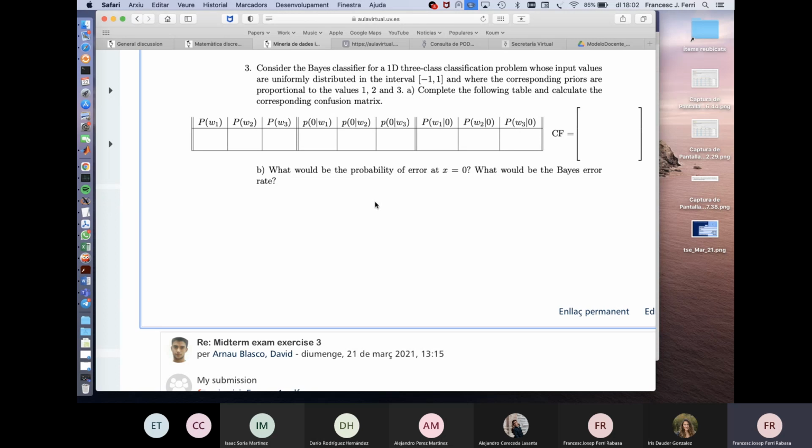If you go through the formulas, you have to generalize them for three classes. But you don't need to do all this to answer that. And this rate is 1/2. It has to be.